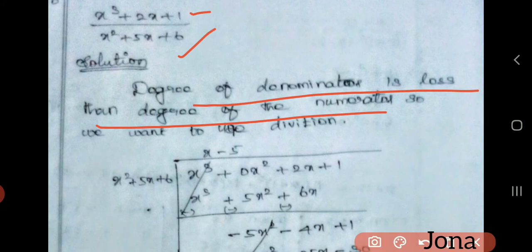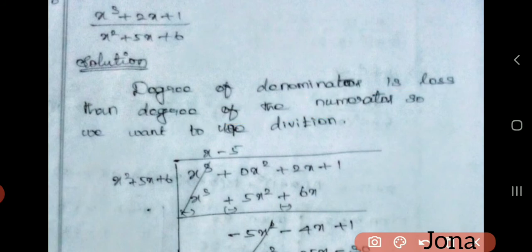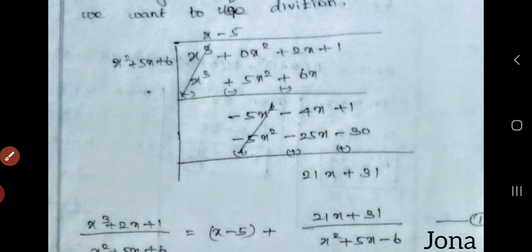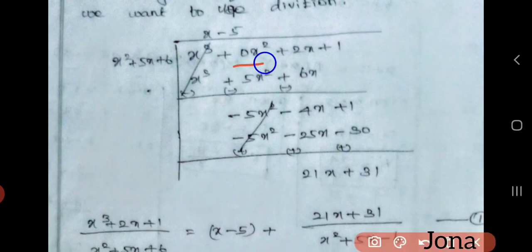Here also we want to divide the polynomials. So I want to divide the polynomial like this. This x cubed, there is no x squared term, so put 0x squared plus 2x plus 1. We want to divide by this x squared plus 5x plus 6.